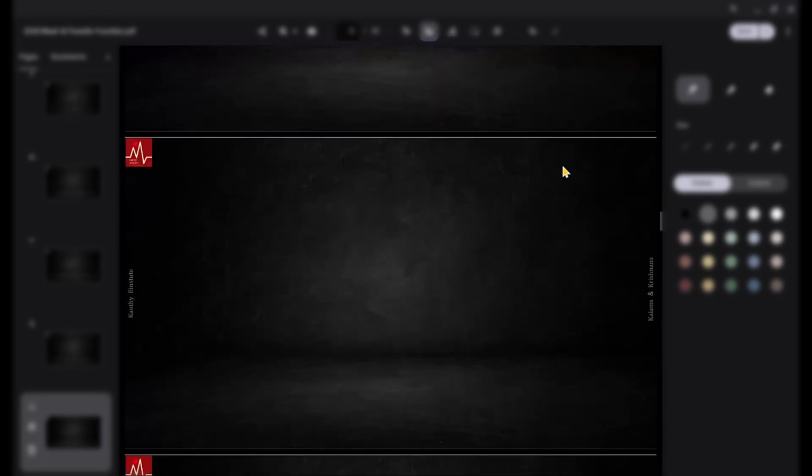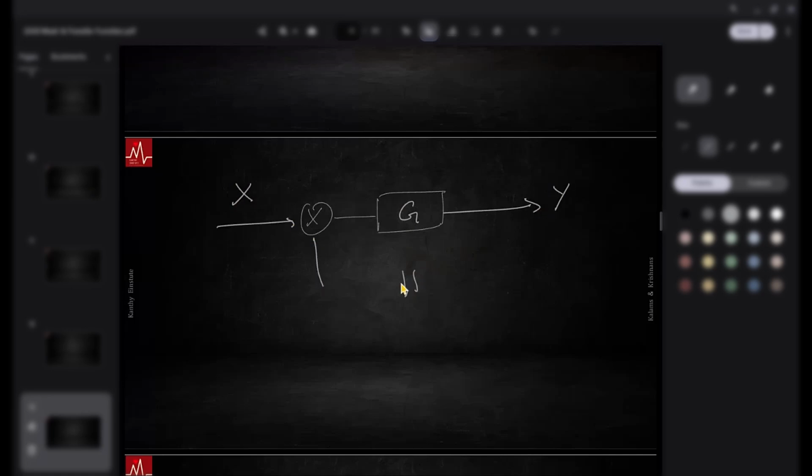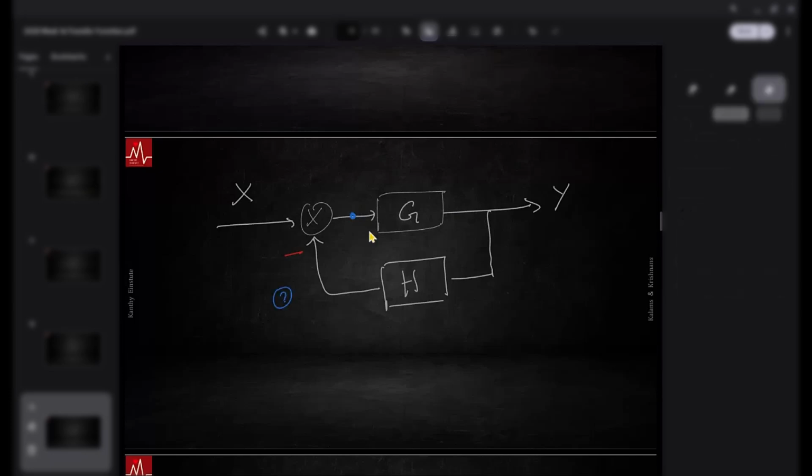How does this work? You have a summer. This is G. This is your Y. Your X goes in. Take whatever comes here and feed it in here. There is a negative sign. So what goes in here? We need to know that first. What is being summed here?